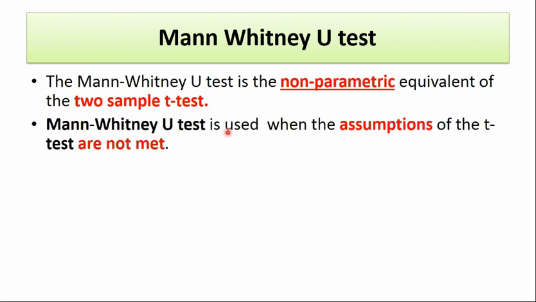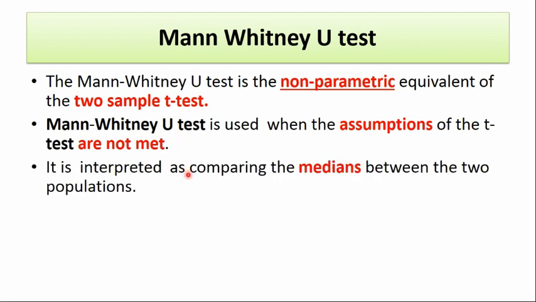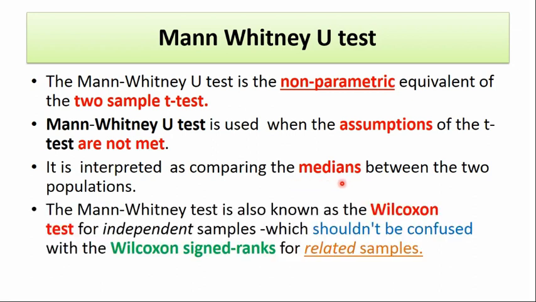It is used when the assumptions of the t-test are not met, meaning if our assumptions like normality and homogeneity of variance are not met, then we will use the Mann-Whitney U-test. It is interpreted as comparing the medians. In the t-test, we compare the means, but in this test, we compare the medians between the two populations.